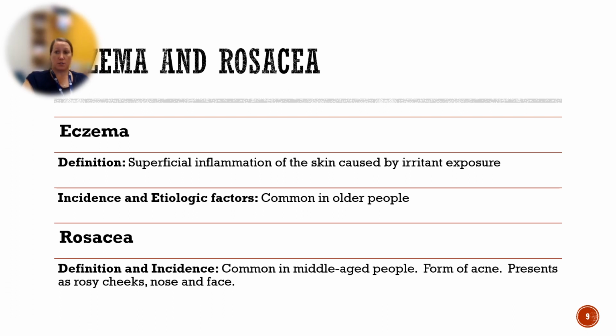Rosacea is a chronic facial disorder of middle-aged and older people. Although it is a form of acne, it is differentiated by age, the presence of large vascular components, and usually the absence of comedones.